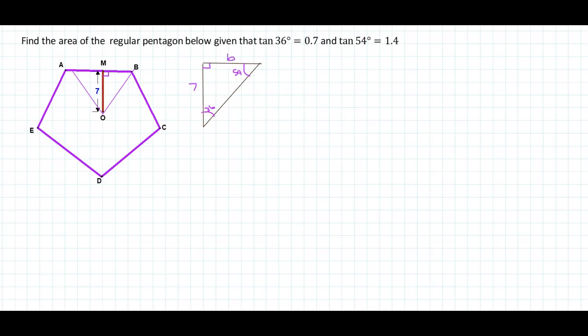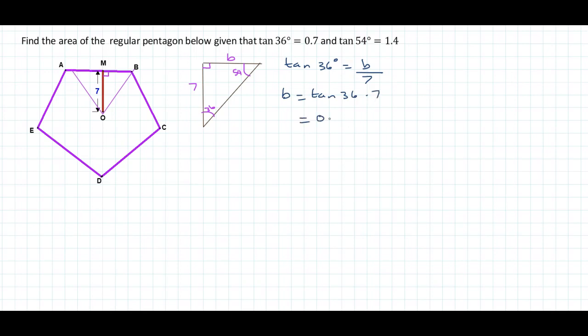So I'm going to use 36 degrees in this case. So tan 36 degrees is going to be opposite, which is B, divided by your adjacent, which is 7. So B is equal to tan 36 multiplied by 7.